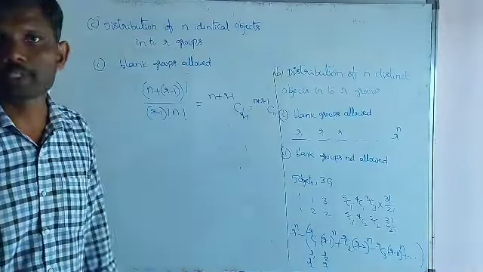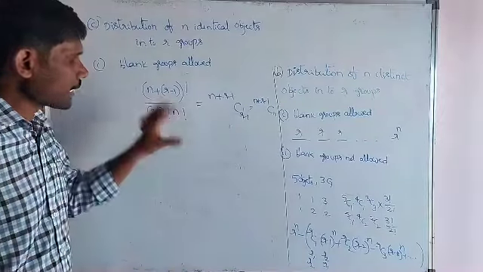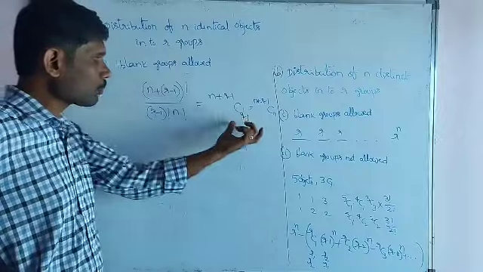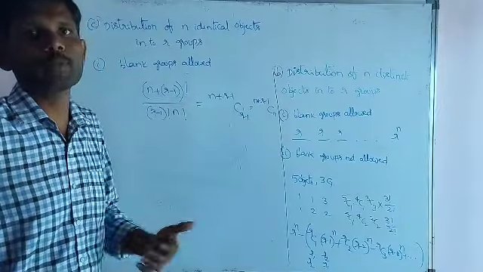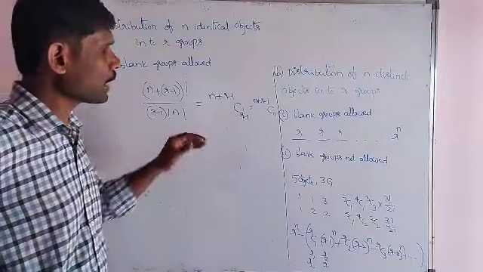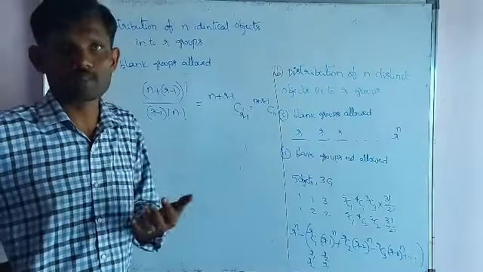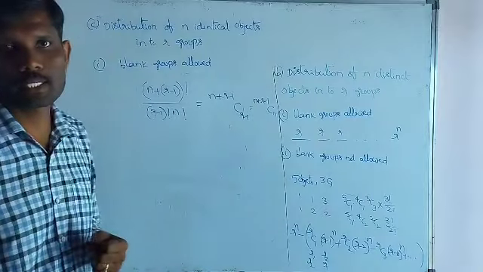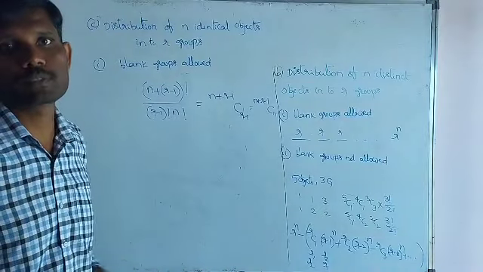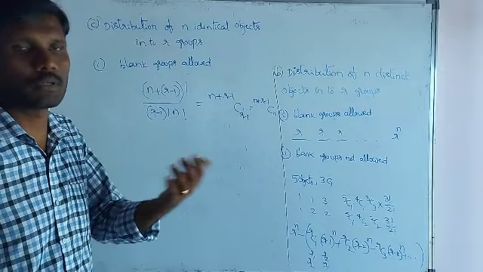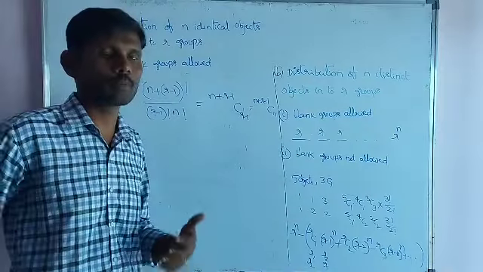Here groups are different. So the same formula, the question type will vary. The other way they can ask: we have balls of 4 different colors, and we need to select say 6 balls. How many ways is it possible, with any number of balls from each color?